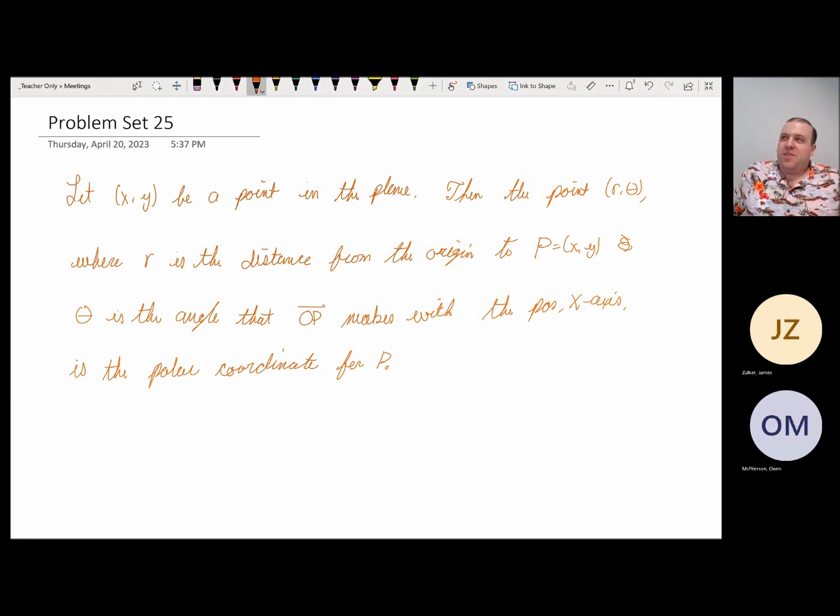We break with that in Calc 3, when you start to do polar integration. Actually, we might even do it a little bit here if we're integrating in polar.